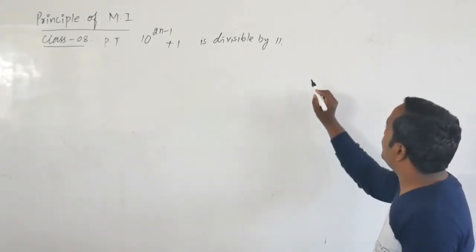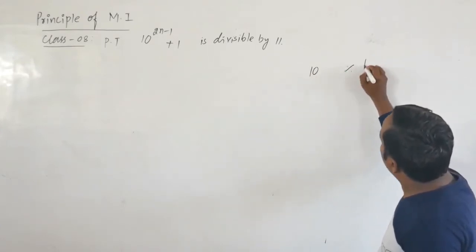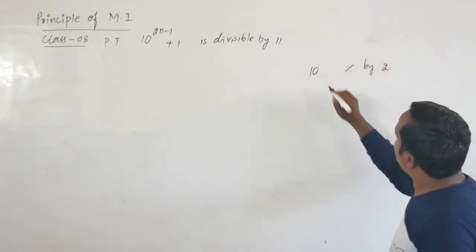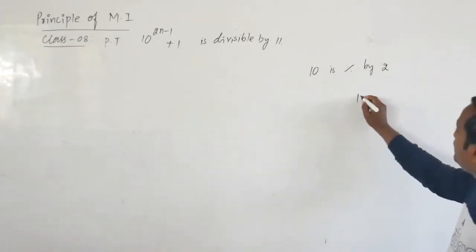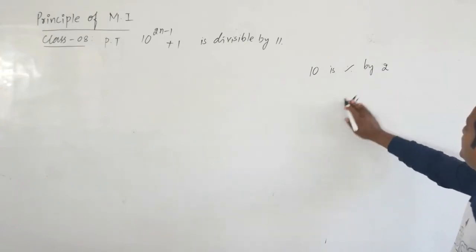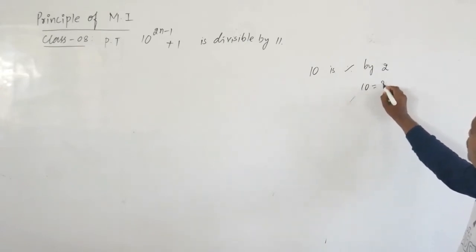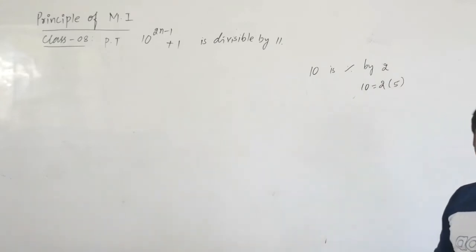Suppose a number, so if 10 is divisible by 2, yes, 10 is divisible by 2. Yes, I will agree. How it is concluded: 10 by 2 is equal to 5, or you can write 10 as 2 into 5 because it is divisible by 2.